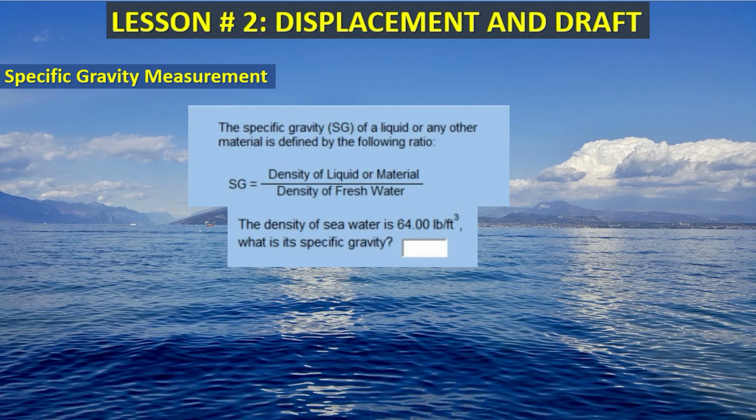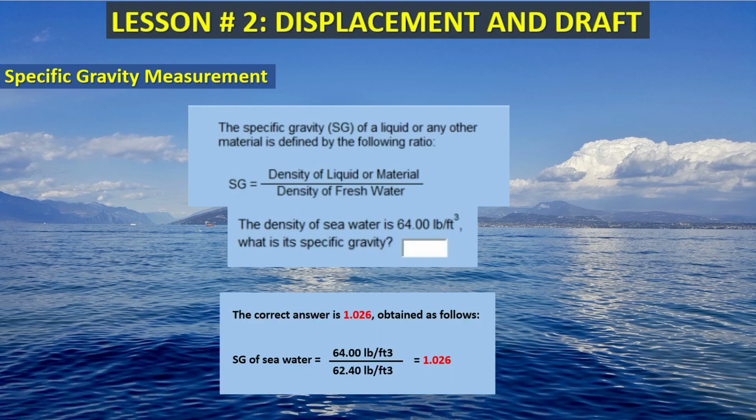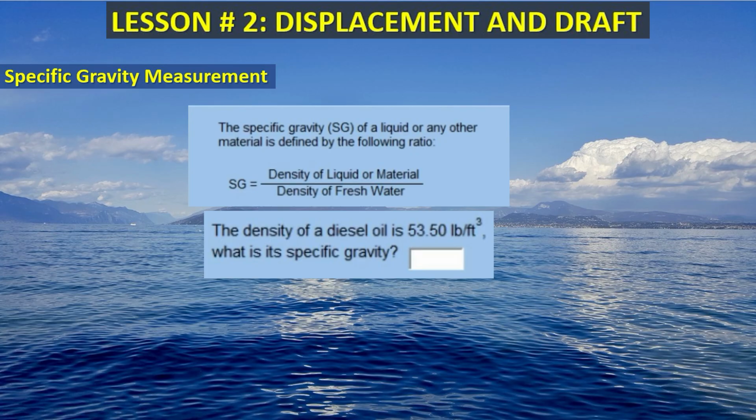The density of seawater is 64 pounds per cubic foot. What is its specific gravity? The density of diesel oil is 53.5 pounds per cubic foot. What is its specific gravity?